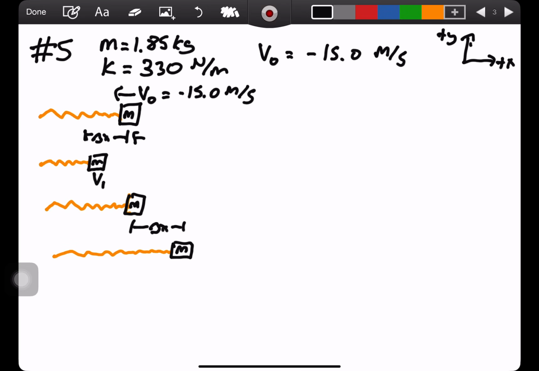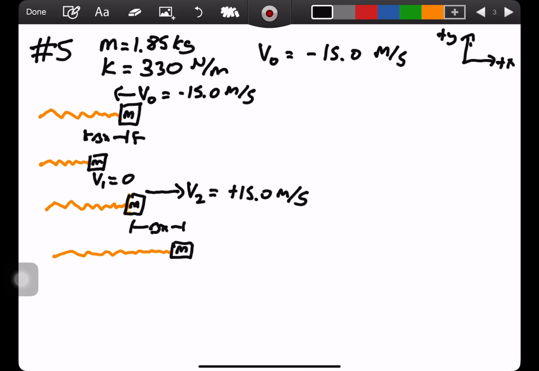So v0 is initial time, v1 time 1, that's 0. Because there's a moment where it comes to a stop before it starts moving back to the right. Then it's going to go back to its equilibrium position, and this, we'll call it v2, is going to be precisely the same magnitude as the initial velocity, just in the opposite direction.